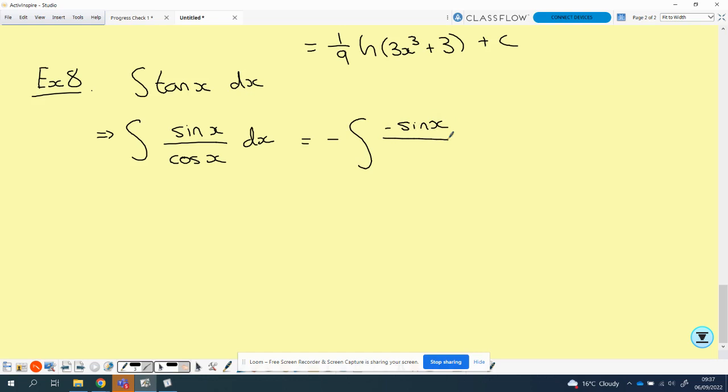That way both negatives would cancel, get back to what I have. And that way now I do have the differential of cos on the top. So I get negative log cos x dx. Okay, and that's how you would integrate tan. We all good with that? Okay.